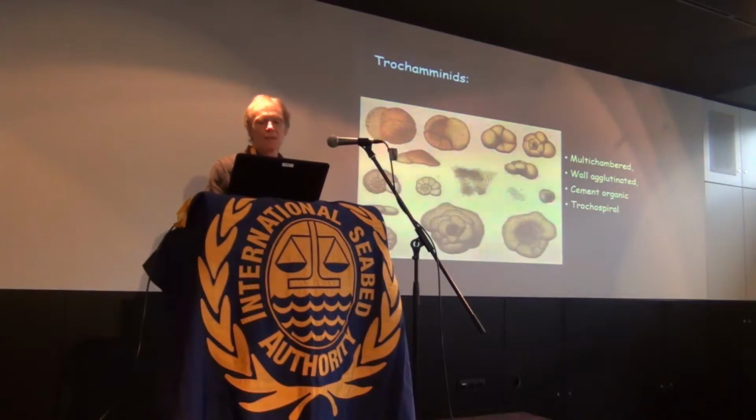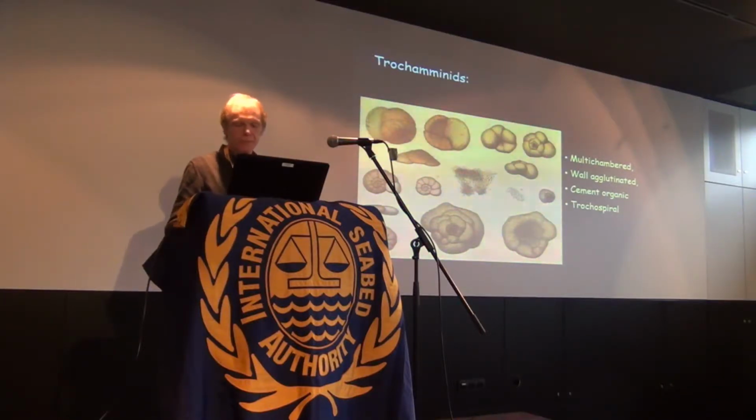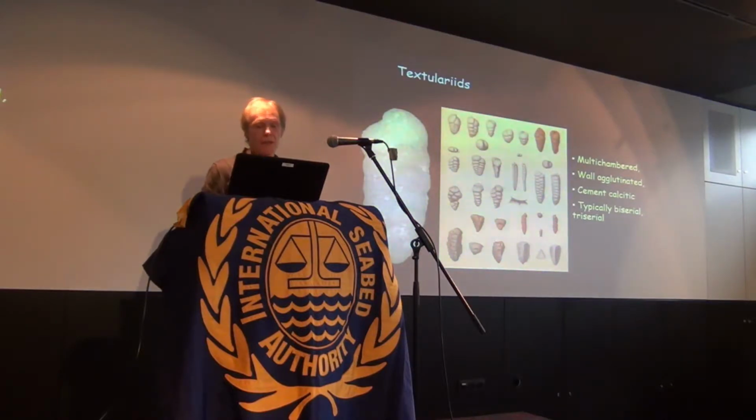The Trochamminida are multi-chambered, agglutinated with an organic cement again, but the chambers are arranged in a proper spiral arrangement, like a snail shell. And then the Textulariida: multi-chambered, agglutinated again, but in this case the cement is calcitic, made of calcium carbonate instead of organic material. These are typically biserial or triserial arrangements of chambers.